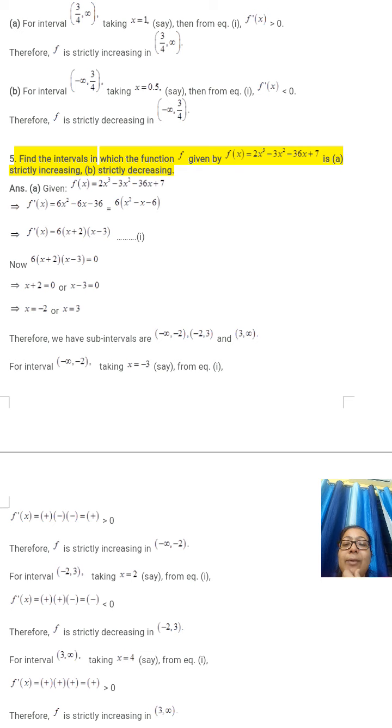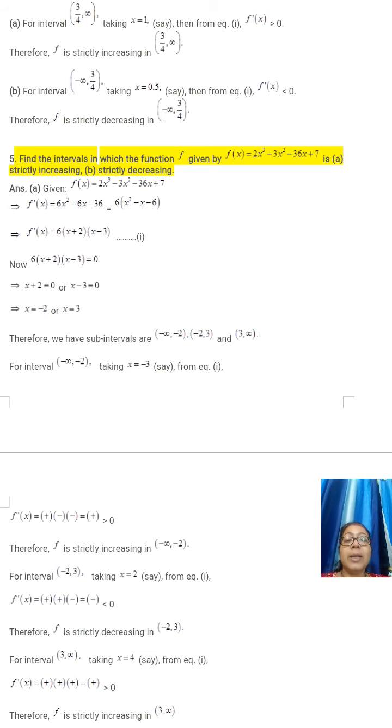So what is f'(x)? f'(x) at x = -3 is 6 into (-3 + 2) into (-3 - 3), that is 6 into -1 into -6. So it will be plus 36, which is more than 0. Therefore f is strictly increasing. If f'(x) is more than 0, obviously f is increasing in the interval minus infinity to -2.